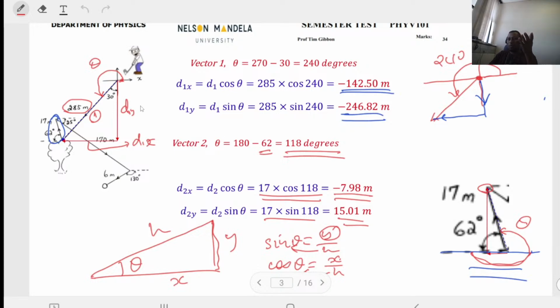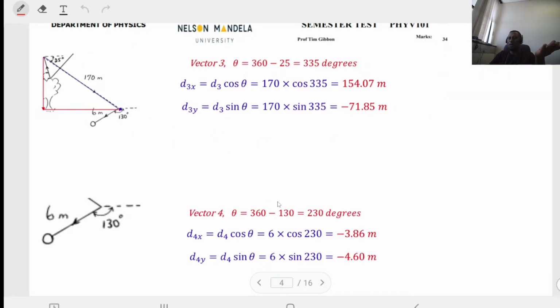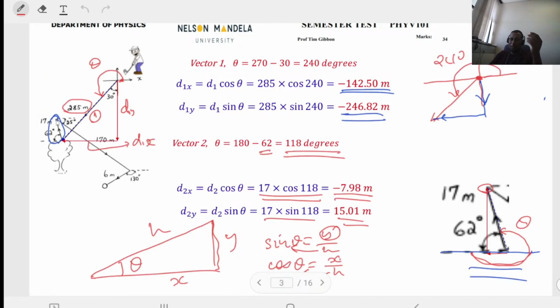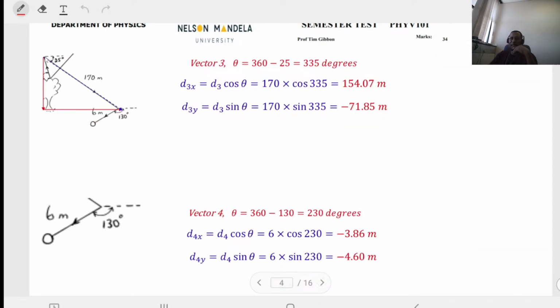Therefore, guys, let's go back. I finished 1 and 2. What about the third? The third is basically from that point down to this point. The angle given is 25 degrees below the x-axis. Then the y component must be down, and the x component must be to the right.